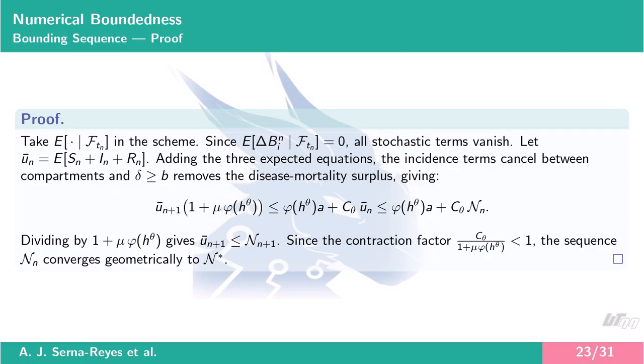The resulting inequality shows that the expected total population at step n plus 1 is bounded by N_n plus 1. Since the contraction factor of the sequence is strictly less than 1, the bound converges geometrically to the finite fixed point N star.